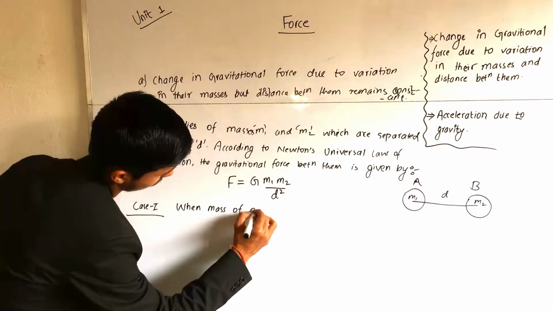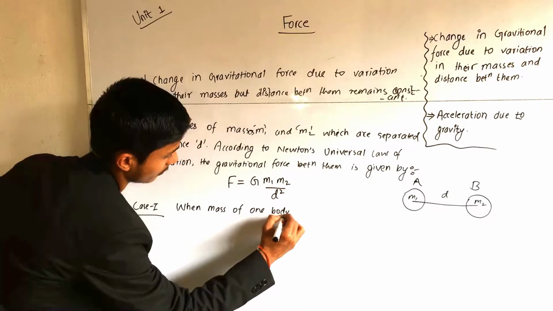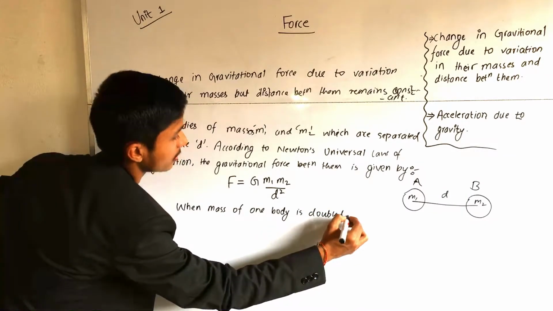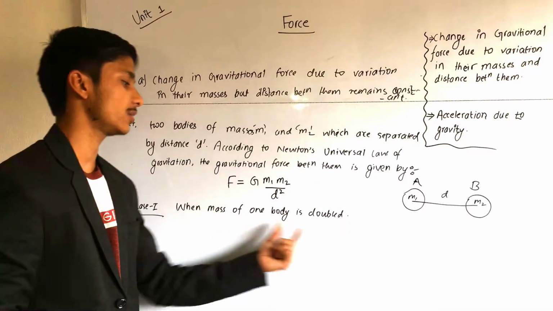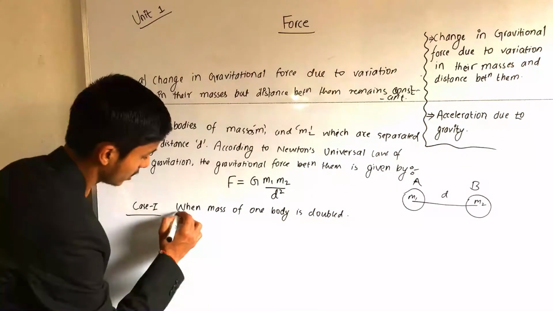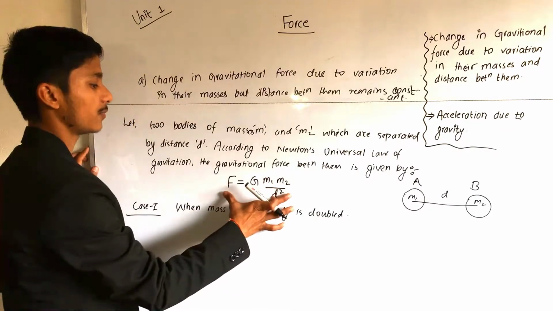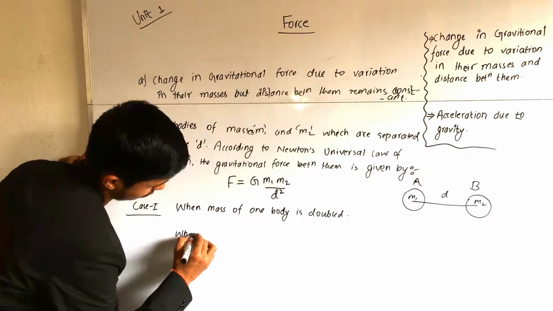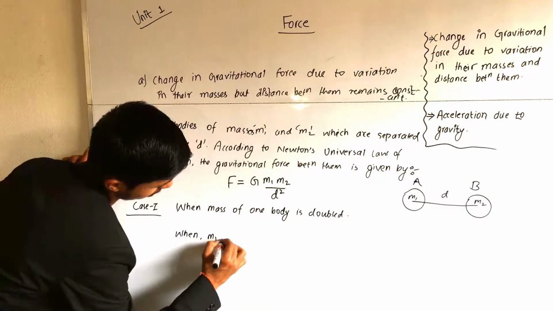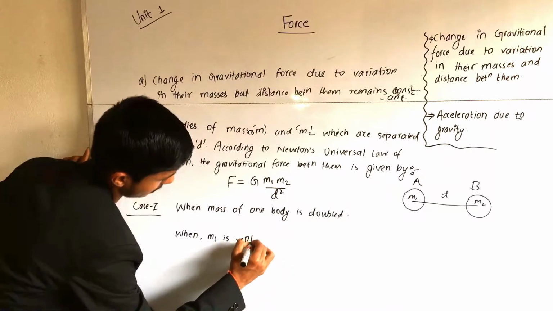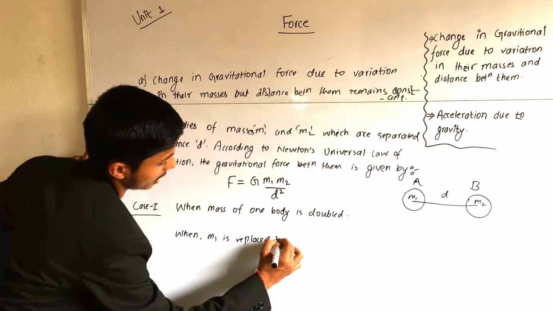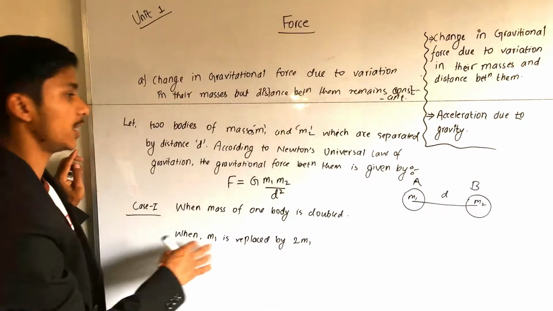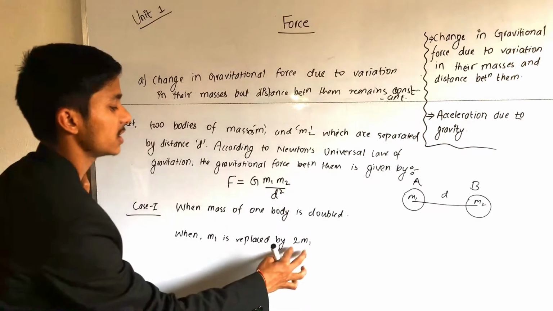Since this is the gravitational force between the bodies, when m1 is replaced by twice of m1, that means the mass of body A is doubled, that is 2m1.